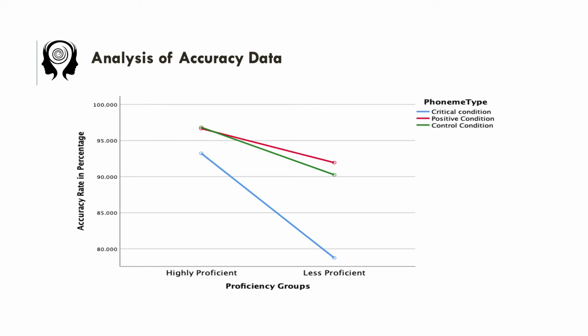And we believe that the reason for this interaction is that the difference between the less proficient and the highly proficient bilinguals in the critical condition, as you can see here, is larger than the difference between the two groups in the other conditions. As you can see, the less proficient bilinguals performed poorly in that condition compared to themselves in other conditions and compared to the highly proficient bilinguals.